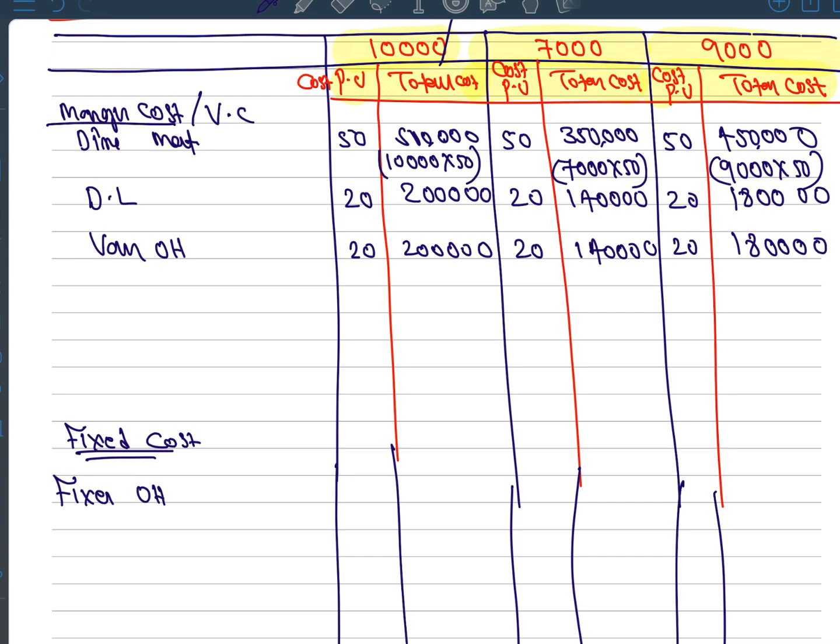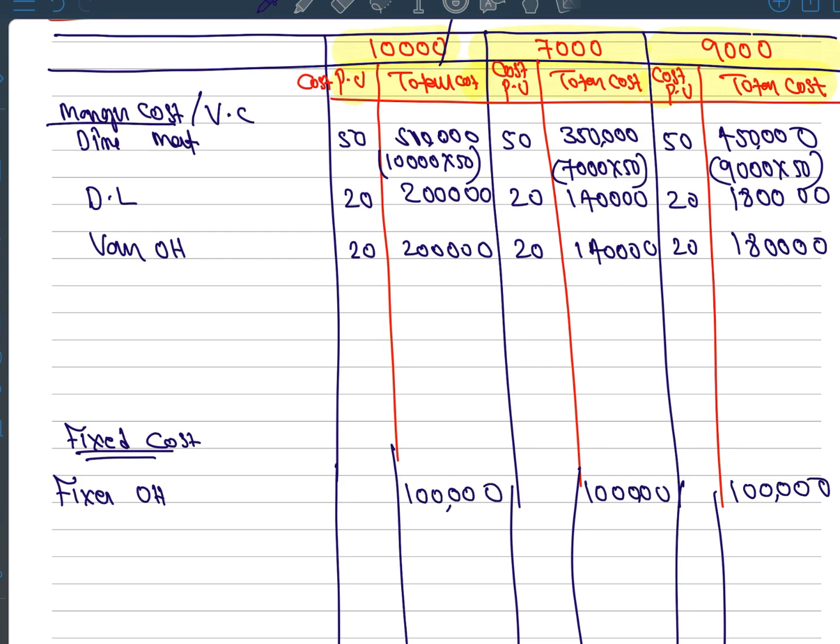So I would like to write here 1 lakh. And we know another important point. What is that? Fixed cost total remains unchanged. So we can easily write here 1 lakh and 1 lakh. Assume that this is rent of factory. Rent of factory will not change due to changes in volume of production.